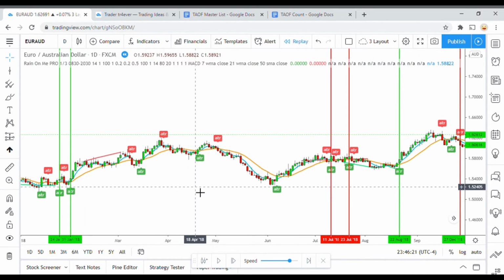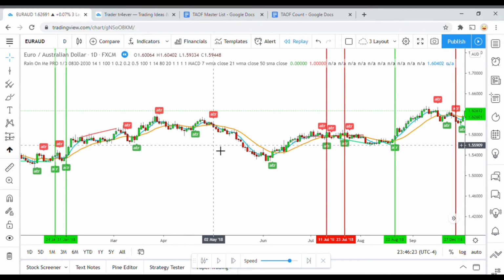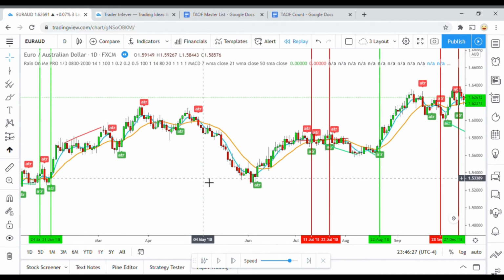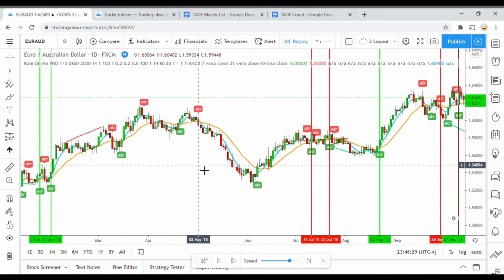It's not a horrible indicator. I mean, it's throwing flags at really good locations.